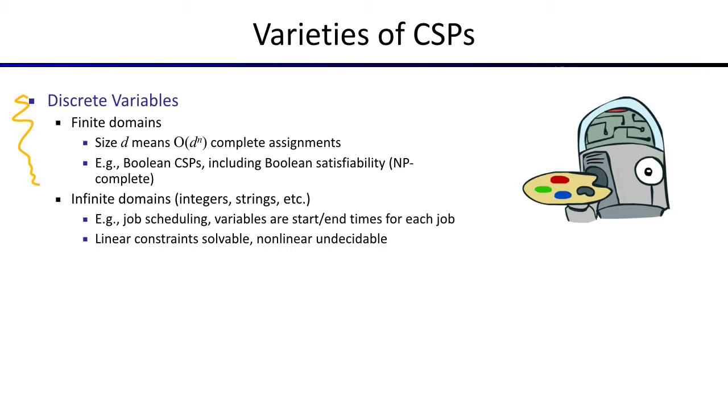This is not prerequisite material, and it won't be tested on, but if you're familiar with complexity theory and Boolean satisfiability, SAT or 3-SAT, and the idea of NP completeness, that's another CSP, because the goal in Boolean satisfiability is you have a bunch of binary variables that can be true or false, and you have to assign true or false to them so that they satisfy a bunch of clauses.